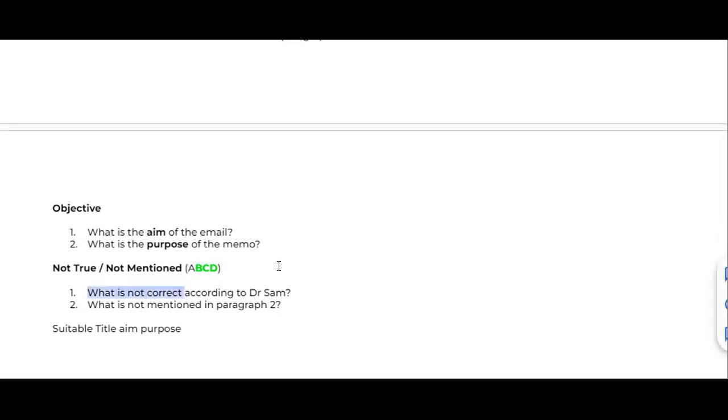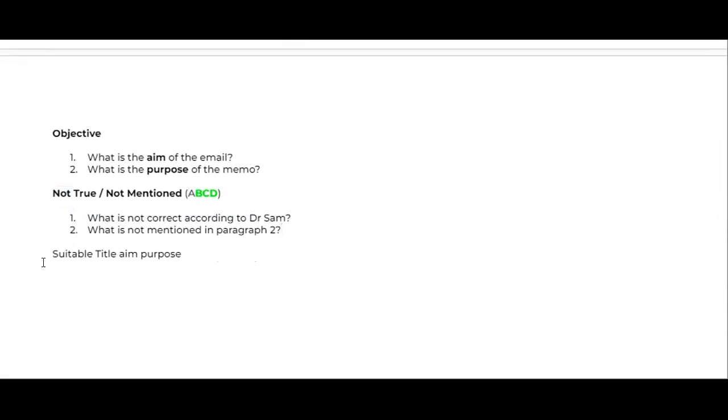Then there are questions like what is not correct according to Dr. Sam. And then a very rare type, which sometimes comes only once in every examination, and sometimes never comes: what is a more suitable title for the text? This comes basically for part C. Probably you will see "Malaria in Suburbs" as the given title, but you have to give a better one.